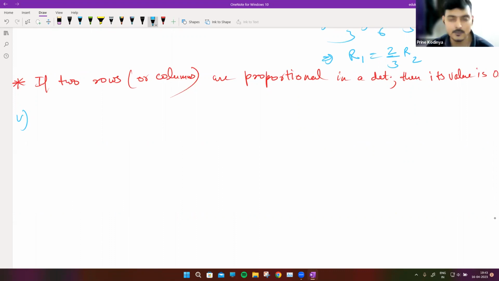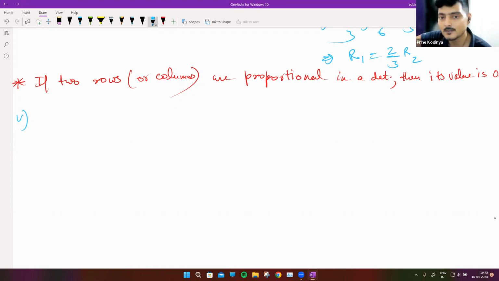And multiplication of determinants works exactly like multiplication of matrices. In matrices, you multiply the rows of the first matrix with the columns of the second matrix. You take the first row from the first matrix, then multiply it with every column of the second matrix. Then you take the second row from the first matrix, then multiply it with each and every column of the second matrix. That is what we did in matrices.